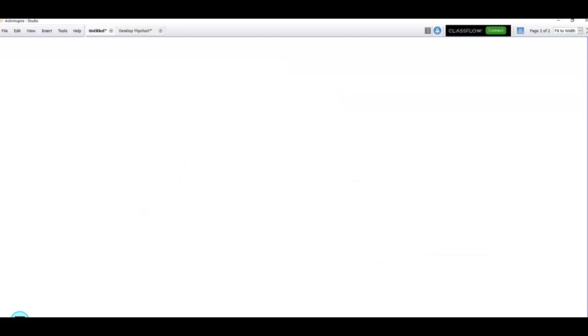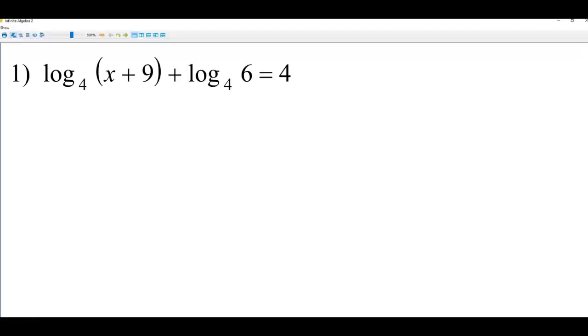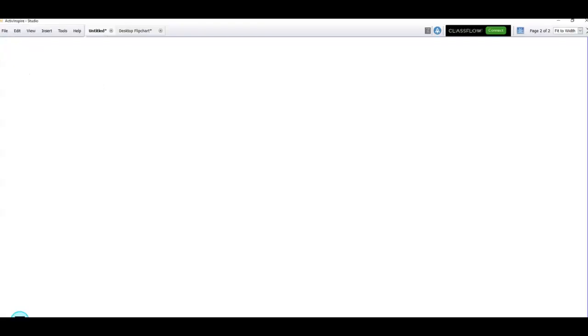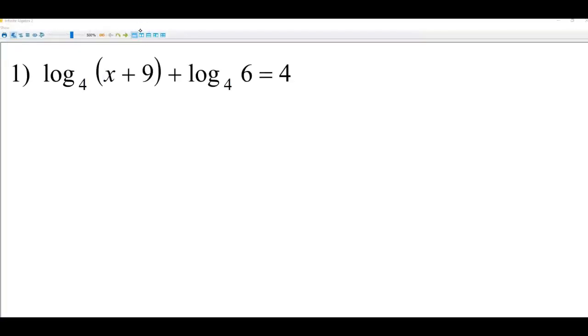You don't need that, but just put 10.9 at the top of your paper. All right, so this is example 1. Go ahead and copy that down.